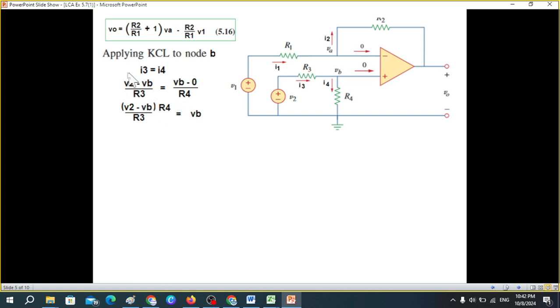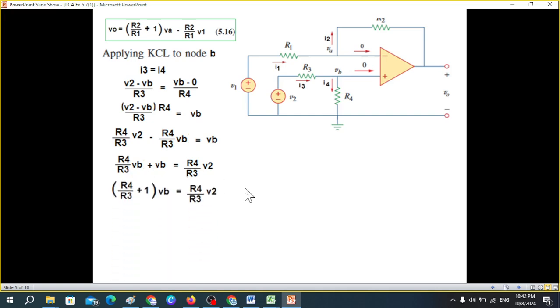Here also we're manipulating, moving this to the left, opening the terms, collecting like terms and taking common. So from here, this is VB, which can be further simplified to this form, R4 divided by (R4 plus R3) times V2. If you take common, then R3 will cancel. So this is our second equation.